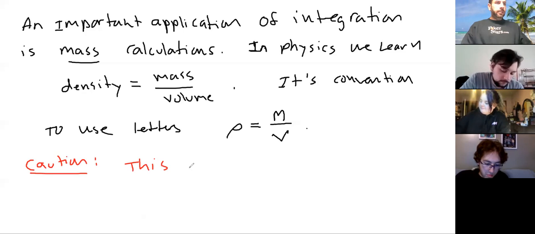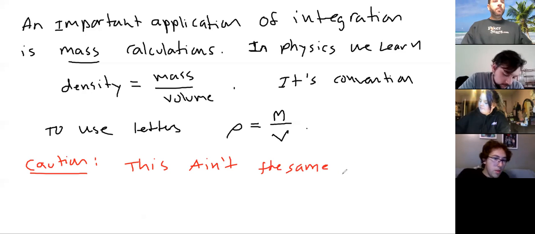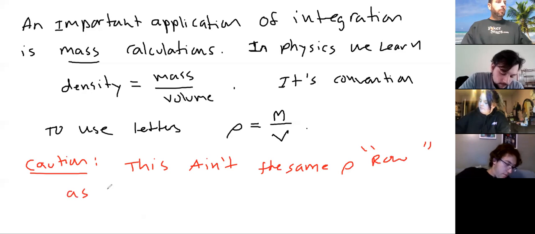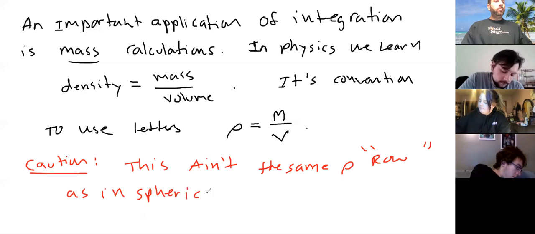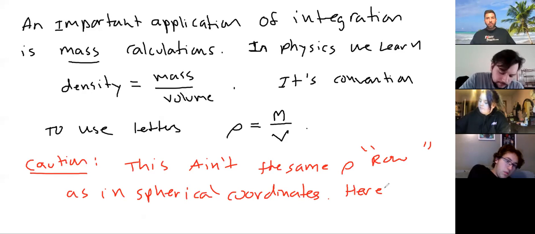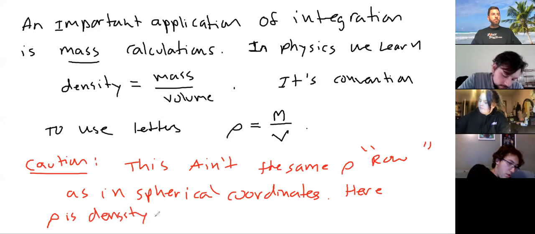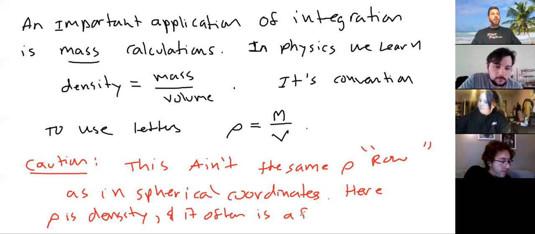And then only as I could say it, this ain't the same rho as in spherical coordinates. So context is key. Most importantly, what we need to understand is here, rho is density, and it often is a function.